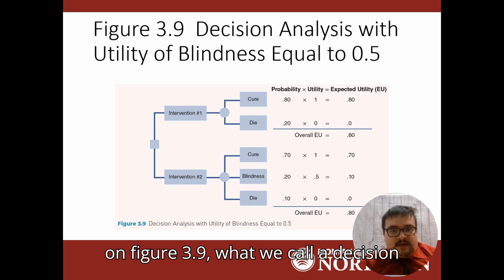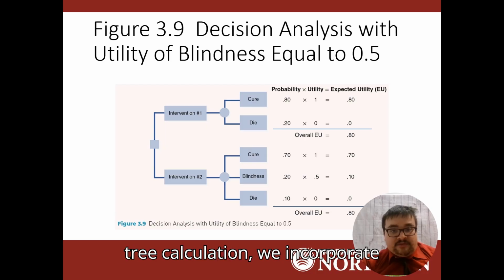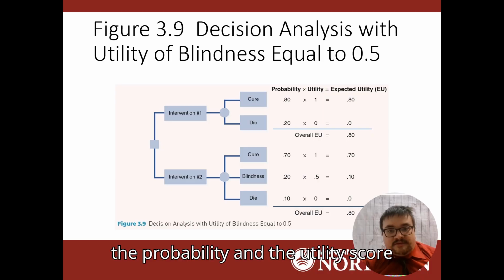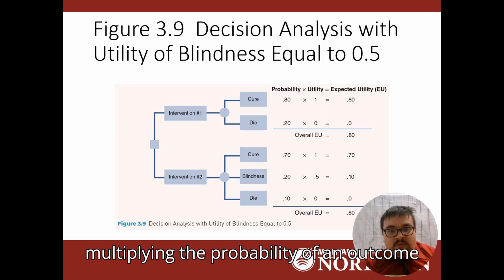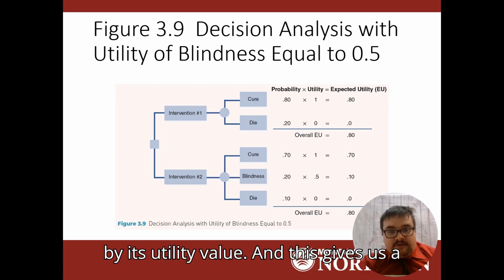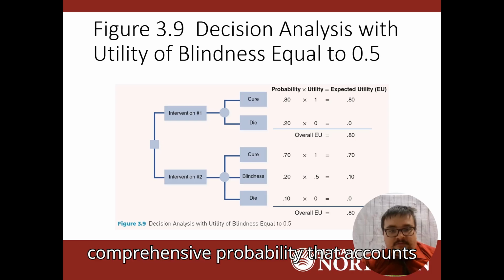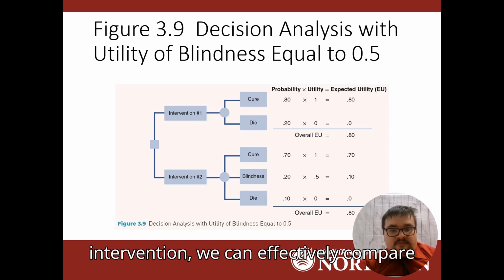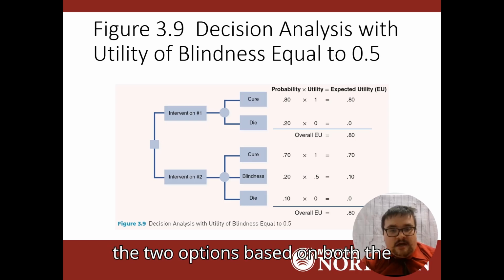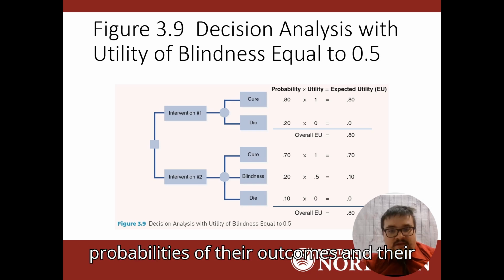So in figure 3.9, what we call a decision tree calculation, we incorporate the probability and the utility score, and the expected utility is calculated by multiplying the probability of an outcome by its utility value. This gives us a comprehensive measure that accounts for both the likelihood and the importance of each outcome. So by calculating the expected utility for each intervention, we can effectively compare the two options based on both the probabilities of their outcomes and their utility values.